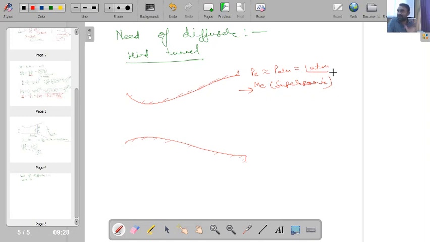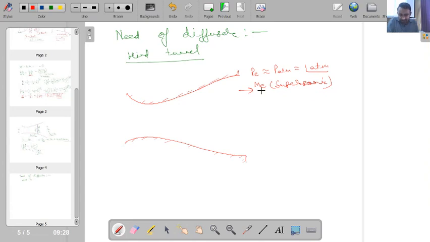That is the situation I have taken in hand. Ultimately I want to release the air to the ambient at 1 atmosphere, but if I place my test object here, that test object should face a supersonic Mach number.